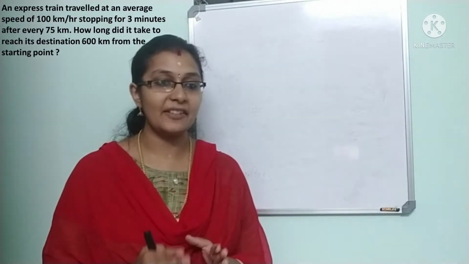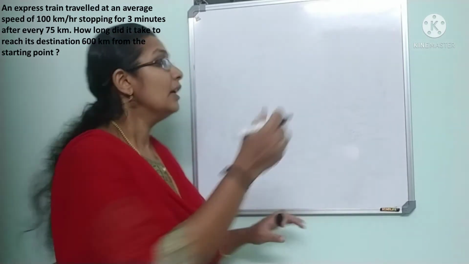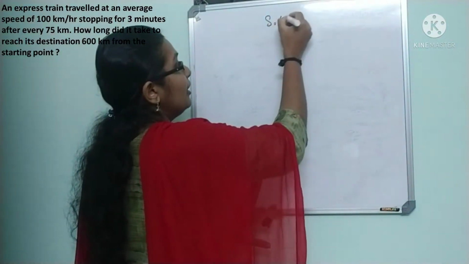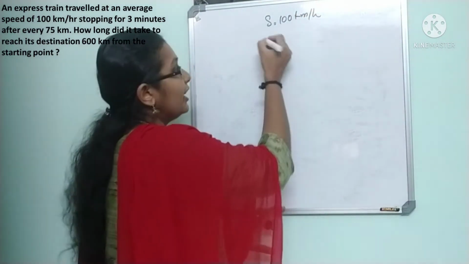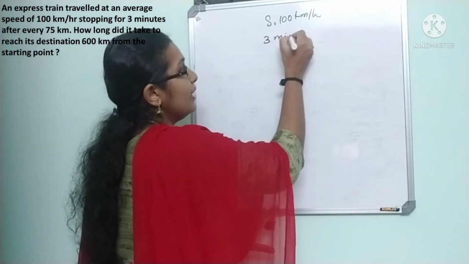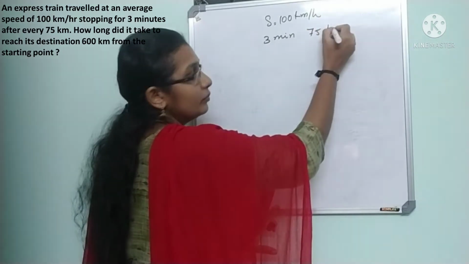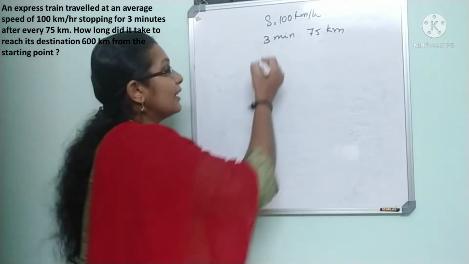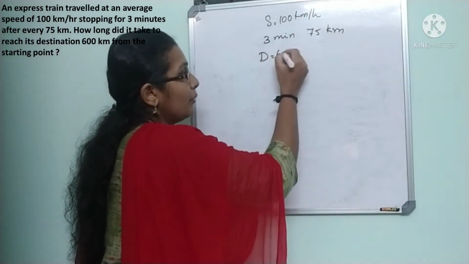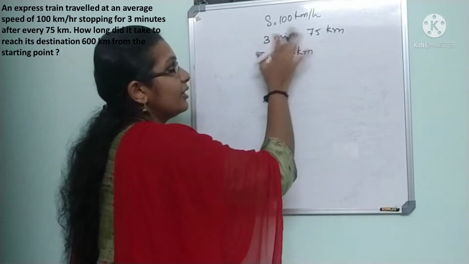Now we will go with the second type of question. An express train travelled at an average speed of 100 km per hour, stopping for 3 minutes for every 75 km. How long did it take to reach its destination 600 km from its starting point? So these are all the data given.